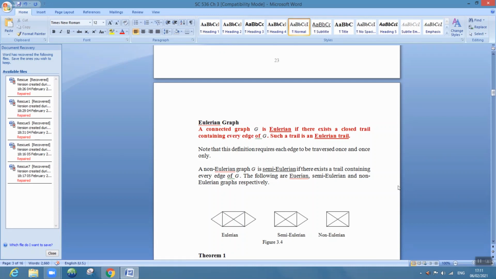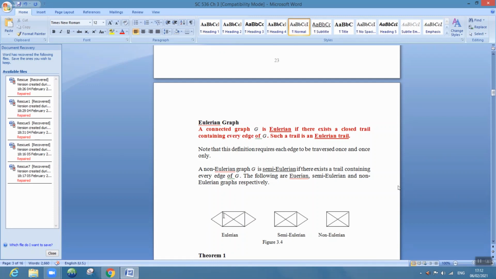Now look at these 3 graphs. Now first graph, you take a pencil and try to draw. Start from one vertex, go along this way, go down, up. 1, 2, 3, 4, 5, 6, 7, 8, 9.